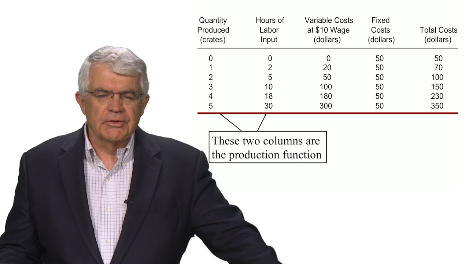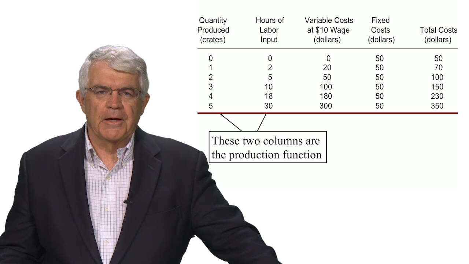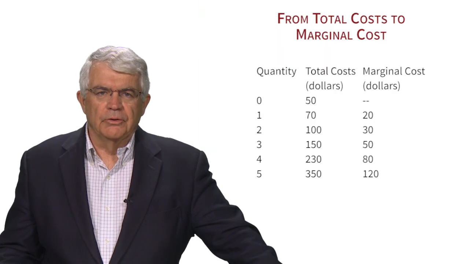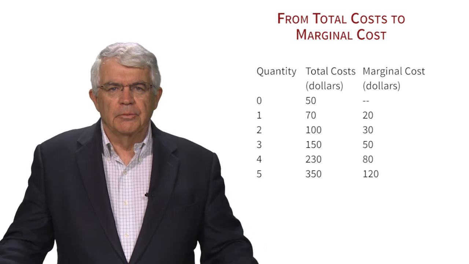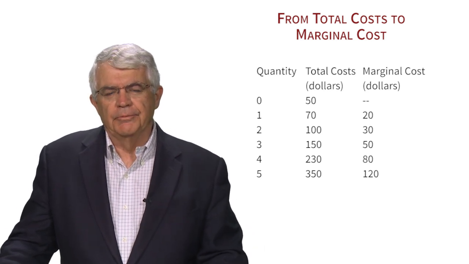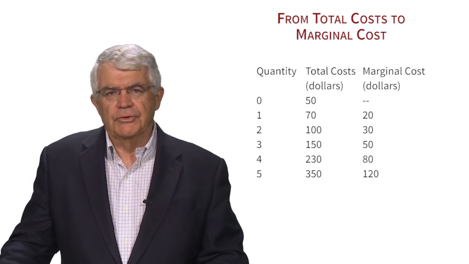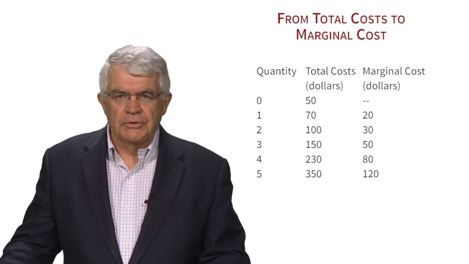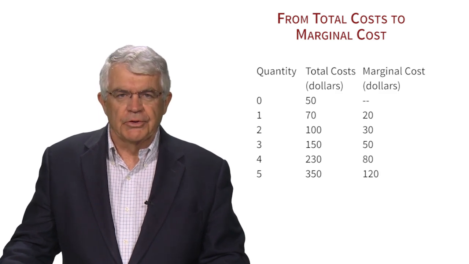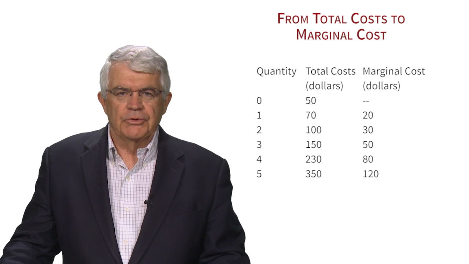And that same production function, from which we're deriving the marginal product of labor and showing that it diminishes as more is produced, is in this table. Now, recall that the marginal cost came from changes in total costs. In the table here, we see how total cost depends on the total product of labor.